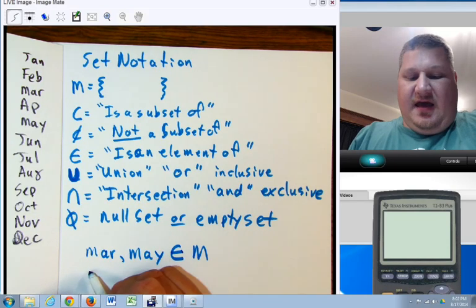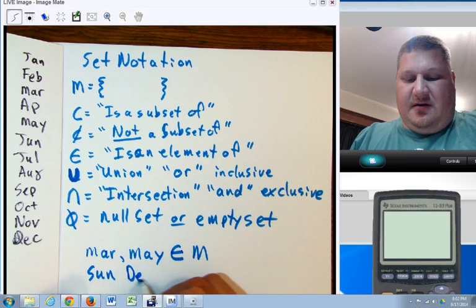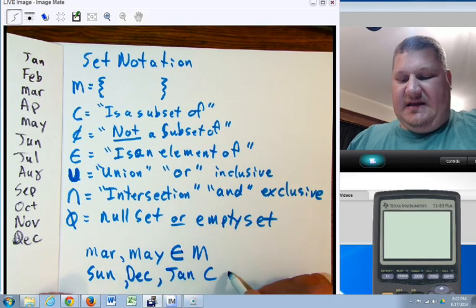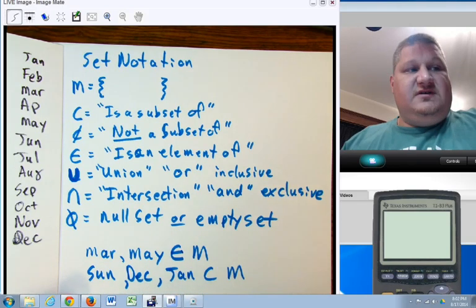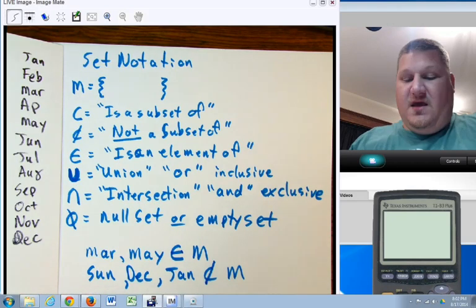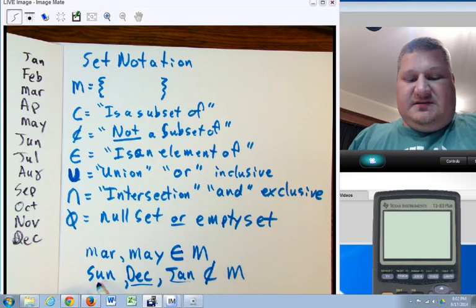If I have Sunday and December and January, is that a subset of M? The answer is going to be no, it is not a subset of M, because although January and December are indeed elements of M, Sunday is not.